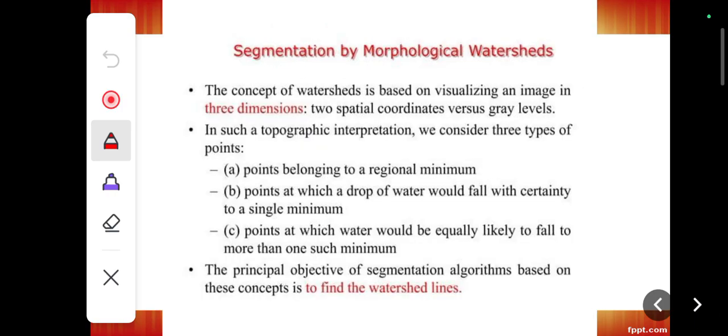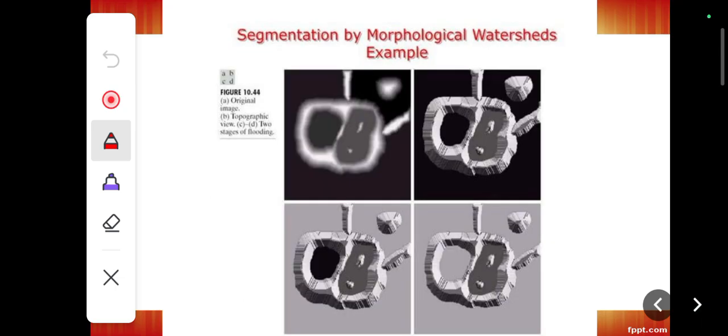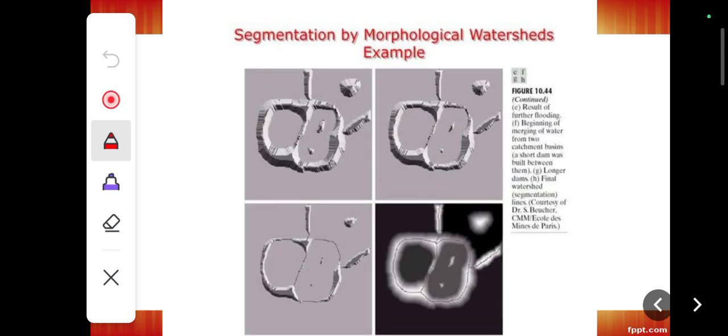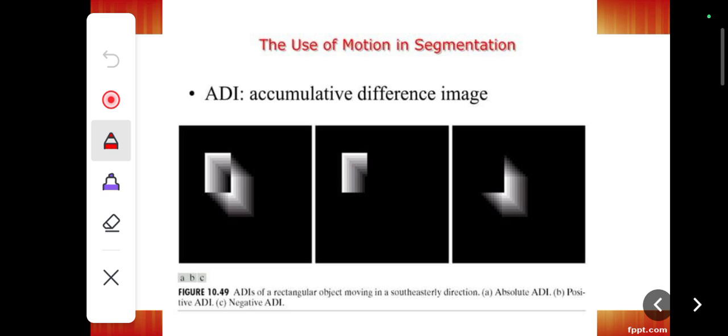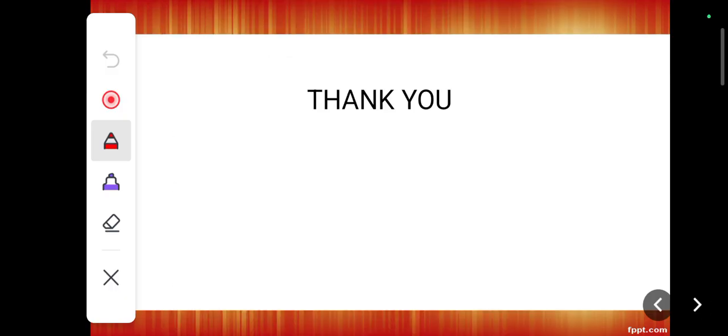These are all region-based segmentation, followed by morphological operations. Then the use of motion in segmentation, with accumulative difference images, and use of motion. That is the basic form of how ROI is used for image analysis, followed by discontinuities and segmentation.